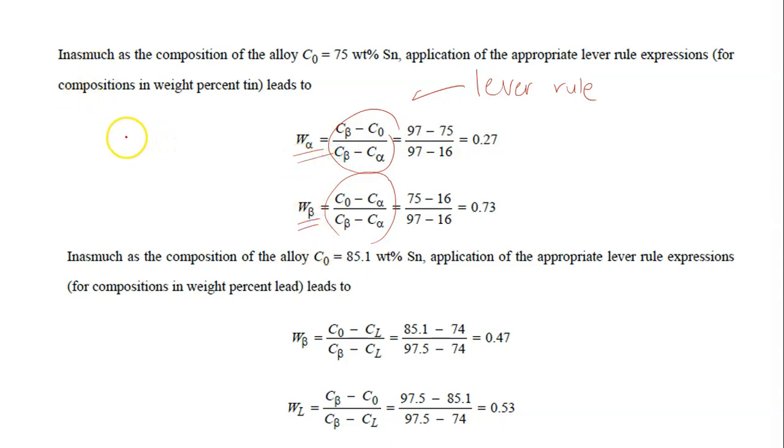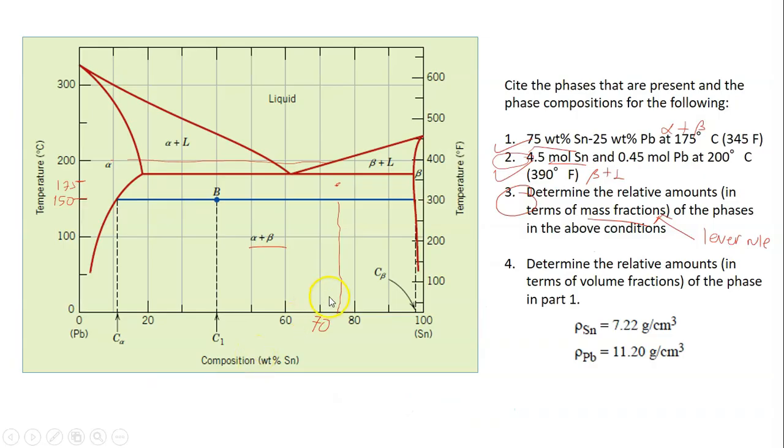So this is for part 1, and this is for part 2. When I say part 1 and part 2, what I meant is this one, part 1 and part 2, okay? Because they ask you to calculate for both phases in the above conditions.